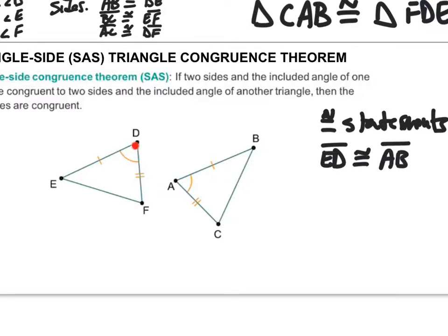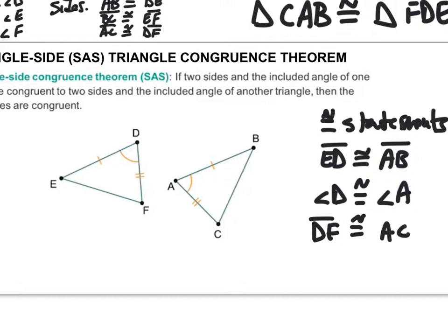So I know that this segment is congruent to this segment. The next thing I would say is that angle D is congruent to angle A, which is seen here just by that picture. The other thing I could say is that segment DF is congruent to segment AC. So I have a side length, an angle measure, and a side length.